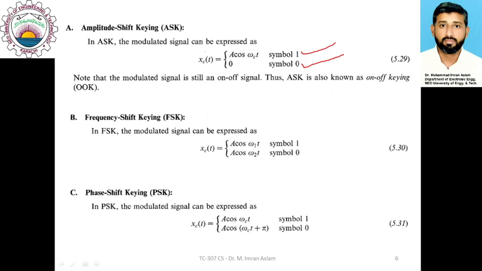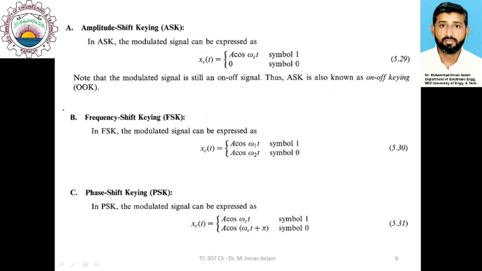For example, if we intend to use 4-ASK signaling, that means we are using 4 levels, so there will be 4 different amplitude levels, for example 0, A, 2A and 3A. So you will need 4 different amplitude levels to represent 4-ary ASK or 4-ASK. What I am presenting is just an example of the binary case, but it can easily be extended to M-ary signaling.